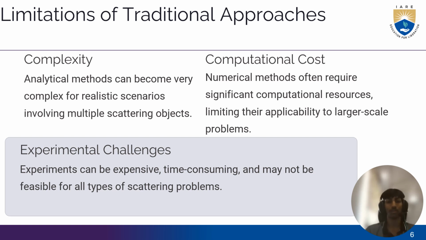The second one, computational cost. Numerical methods often require significant computational resources, limiting their applicability to large scale problems. And the third one, experimental challenges. Experiments can be expensive and time consuming, and may not be feasible for all types of scattering problems.